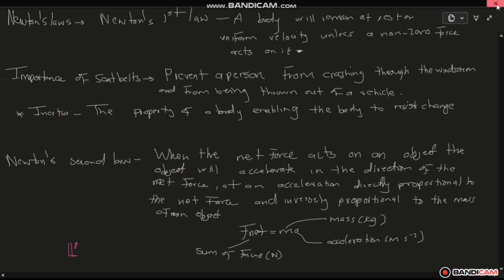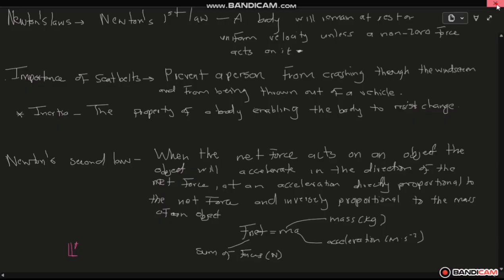That's very important. When the car moves forward, it feels like you are going backwards. When it reverses, you find yourself as if you are going forward. So whatever is enabling your body to do that is what is known as inertia. That is why it is the property of a body enabling the body to resist change.